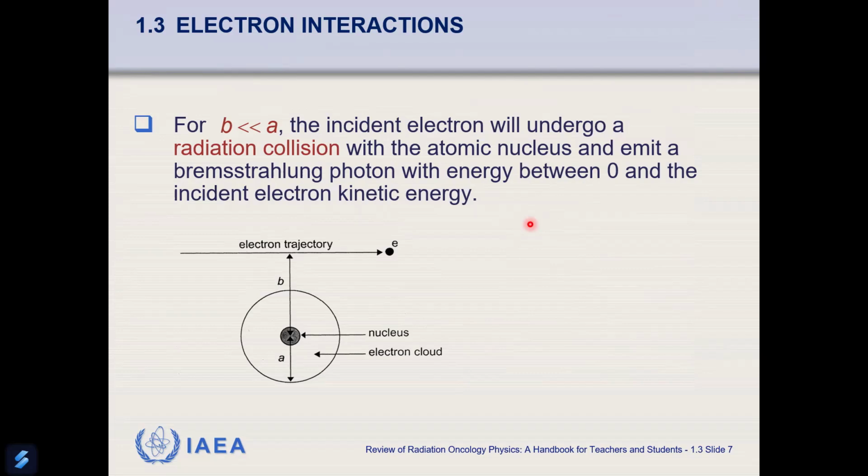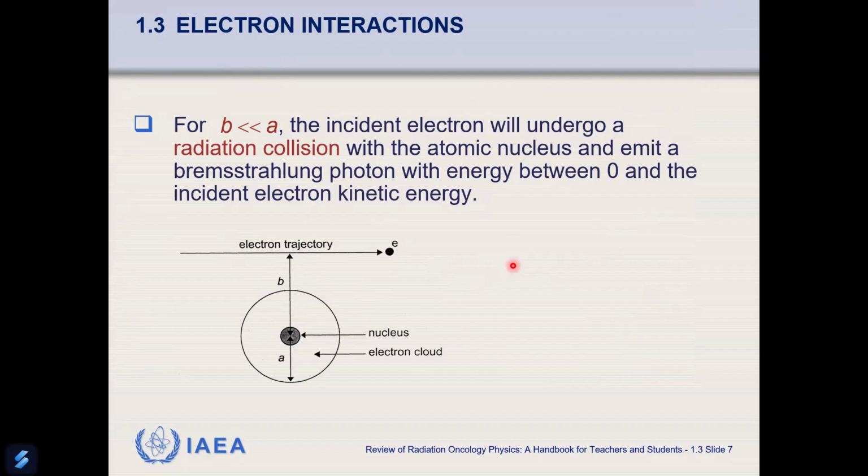So if you plot the energy spectrum of the photons produced, you get a range of photon energies. Why is it a range? It is a range because the photons that are produced will depend on this distance here. The closer it is, the larger the energy. And so the energies that you get will be a range of energies.